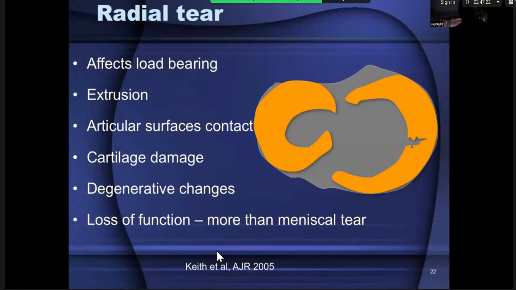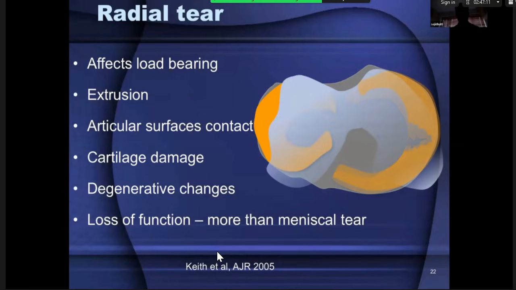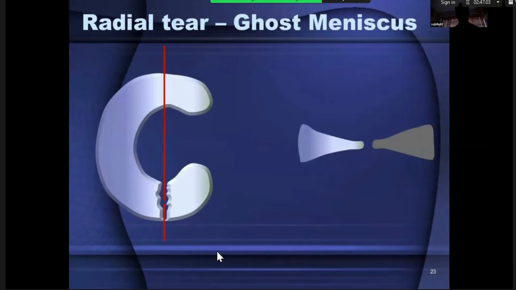And if the tears are not taken care of, then very quickly they can increase in size and make things worse. Because of the load-bearing nature, the small tear has now gone ahead and has become a larger fragment.